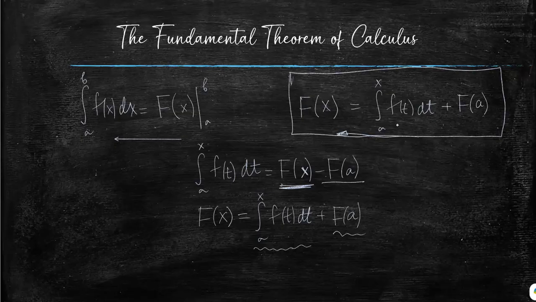This is what we previously called the cumulative net area function. And of course, the derivative of the cumulative area function, according to the Fundamental Theorem of Calculus part 1, is equal to f of x. So this shows us the conclusion of the Fundamental Theorem of Calculus part 1.